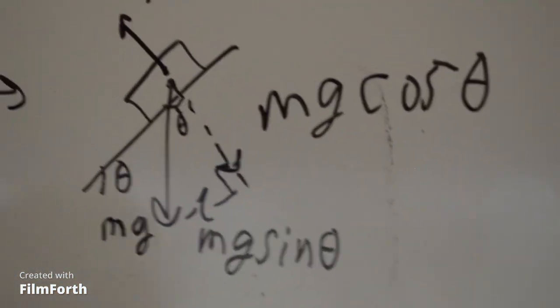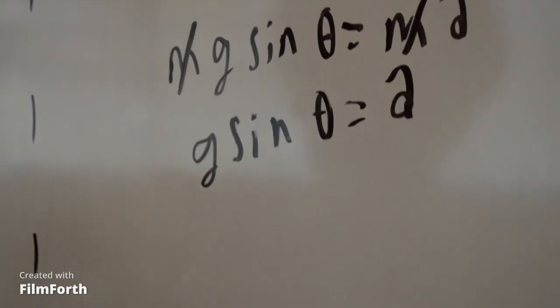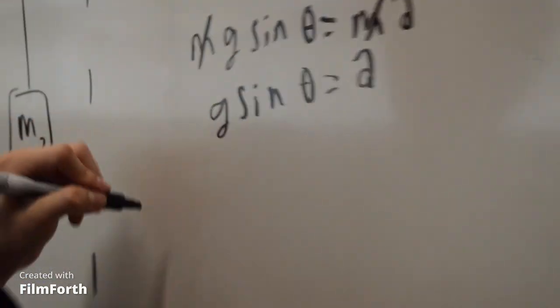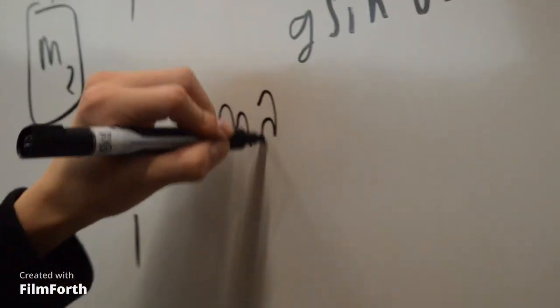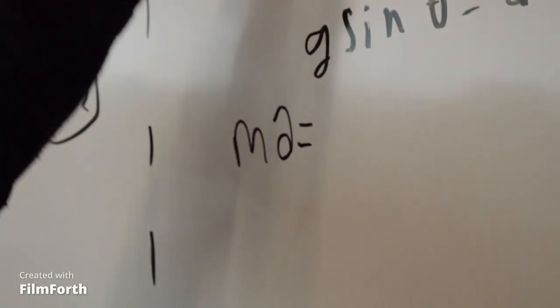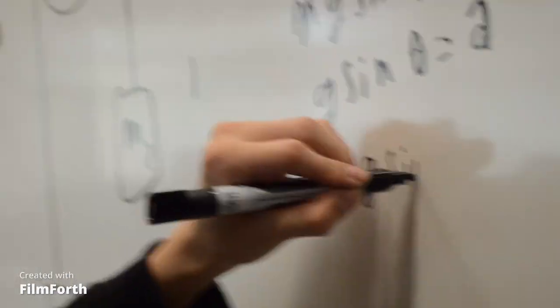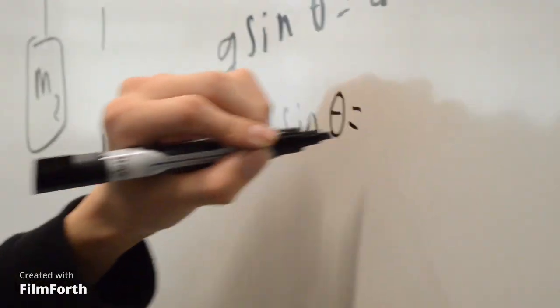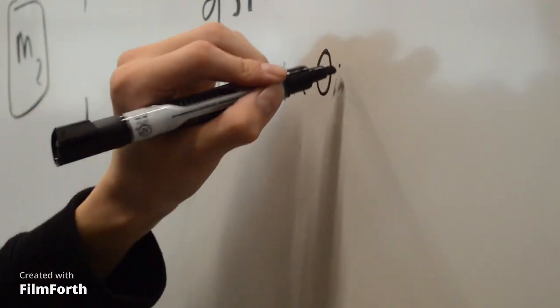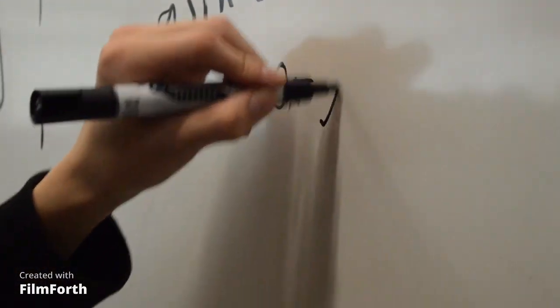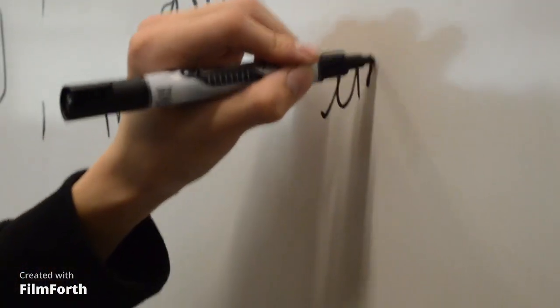Now, if there were friction, let's do an example with friction. Friction is mu Fn, recall that. In this case, because our Fn is mg cos theta, it'll be mu mg cos theta. Therefore, ma, our net force, equals the parallel component of gravity, mg sine theta, minus mu, our coefficient of friction, mg cos theta.